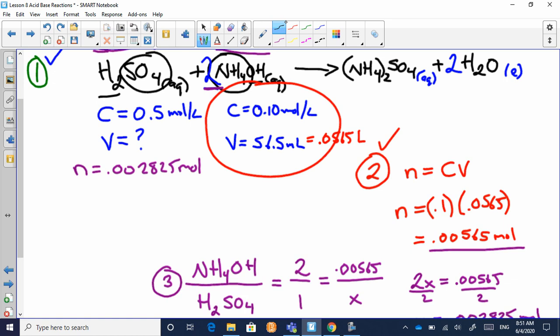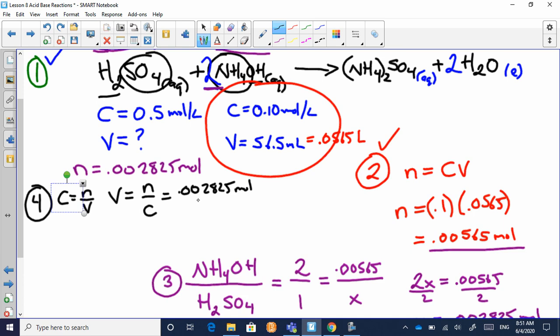Okay. But they didn't want the number of moles of sulfuric acid. They want to know the volume of that concentration. So this is where we do step number 4 of stoichiometry, which is to convert back to what's required. Well, we know that the formula is C is equal to n over V. So V is equal to n over C. So here we go. It's going to be 0.002825 moles divided by 0.5 moles per liter.